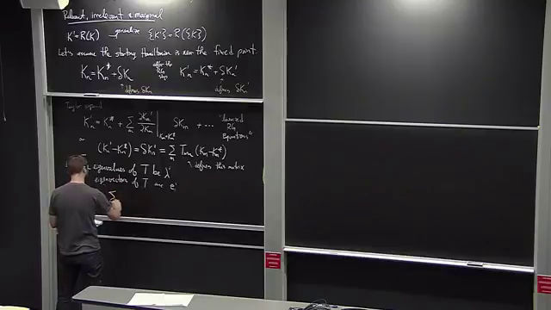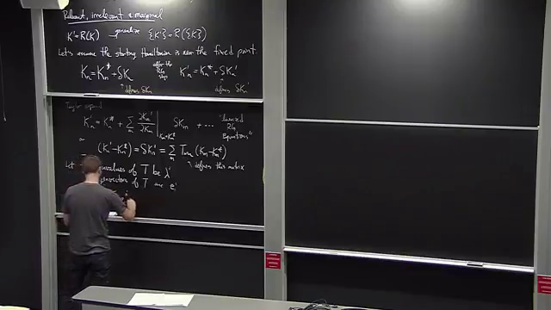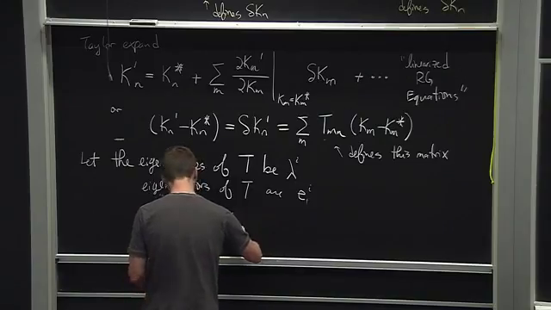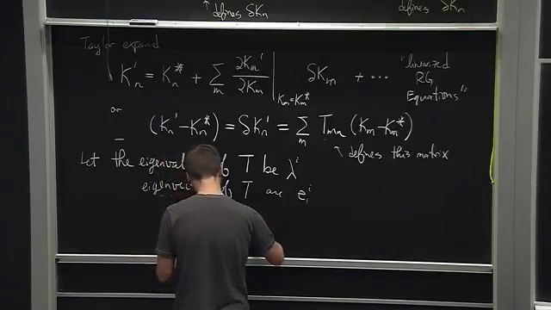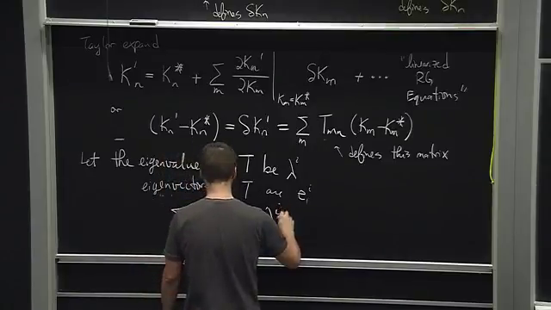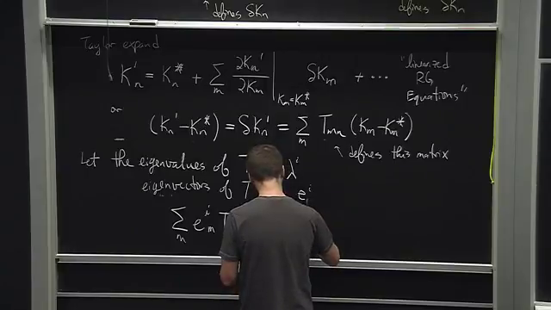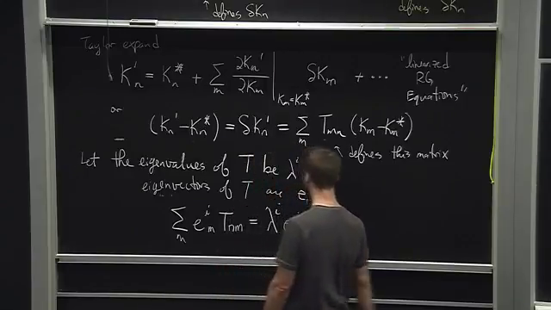What I mean is, if I have a sum over T_nm, then I have this eigenvalue equation, e to the i n.